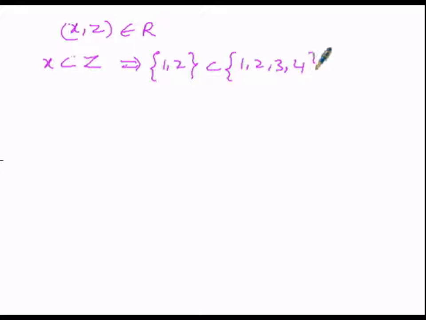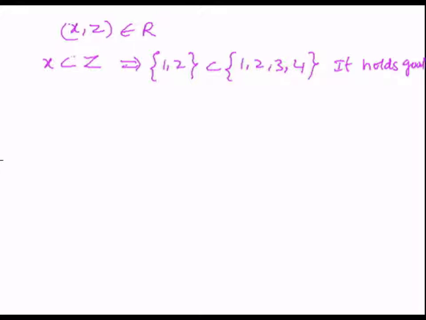When we observe, the first set elements 1 comma 2 are also present in the second set, so the first set, x, is a subset of z, therefore it also holds good. So in all the three cases it holds good.